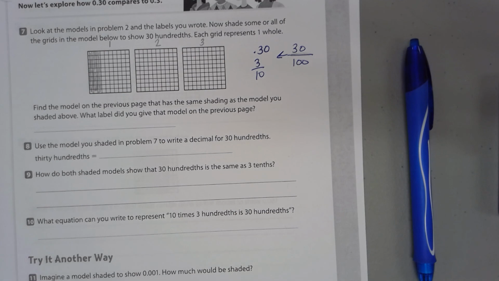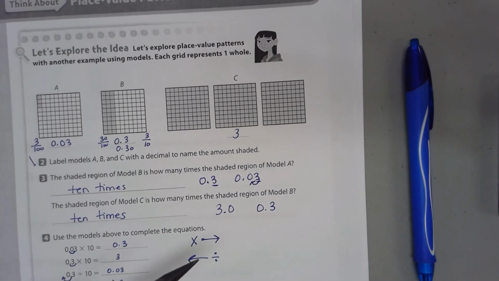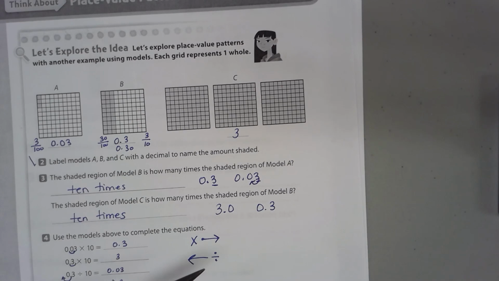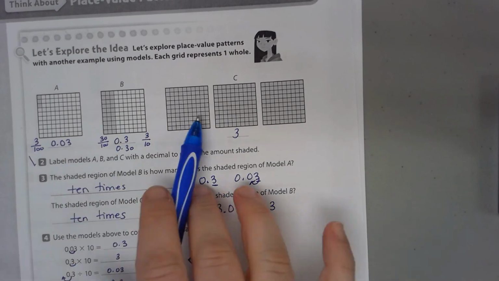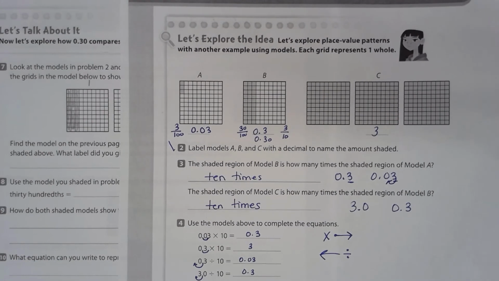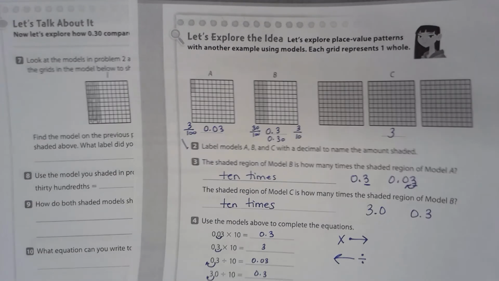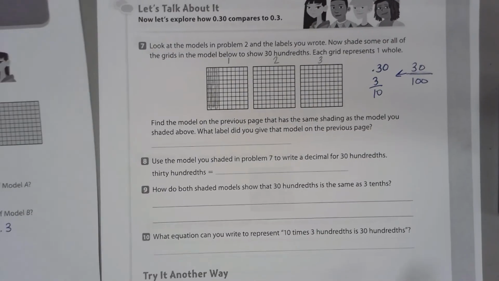Now, find the model on the previous page. Right here. Find the model on the previous page that has the same shading as the model we just did. Which one has the same shading? Okay, there it is right there. If you said B, you're right.